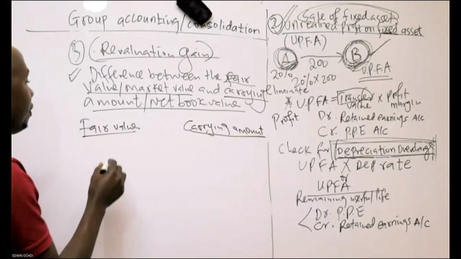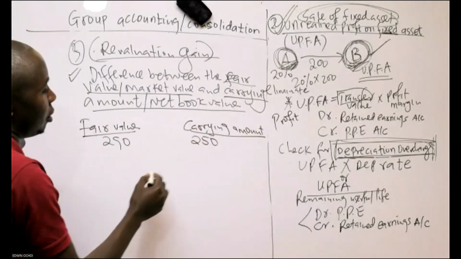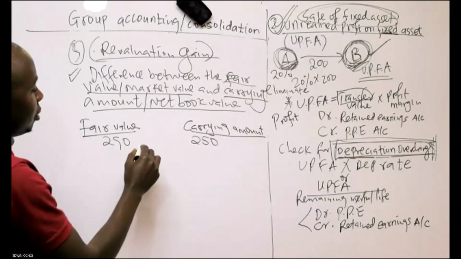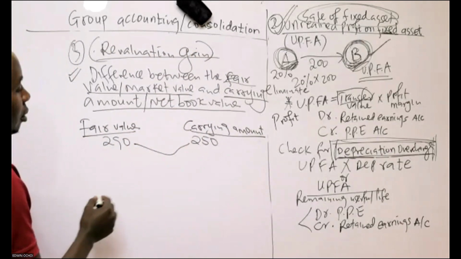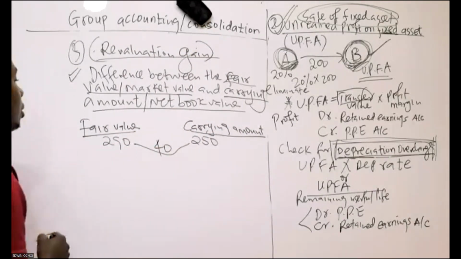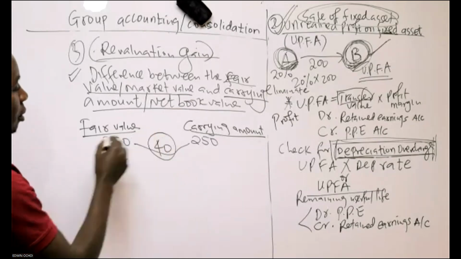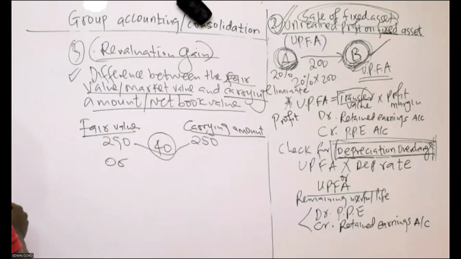So let's say this is 290, this one will be 250. So an excess of 40. That is revaluation gain. Or they can give this 40 direct. What can they say?